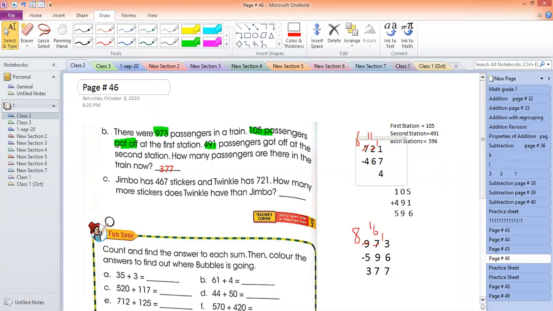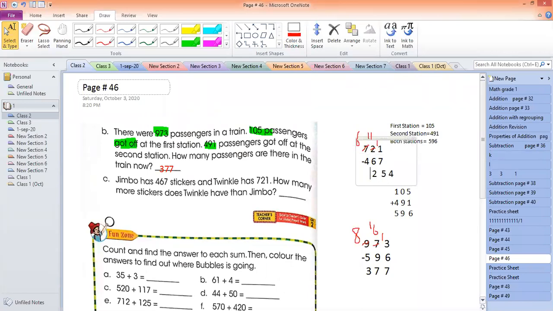Now 1 minus 6, we cannot subtract 6 from 1. 6 is bigger, 1 is smaller. So 1 will go to 7 and ask for 1, and that will become 11 now. 11 minus 6 equals 5. And this is not 7 now, this is 6. 6 minus 4 equals 2.